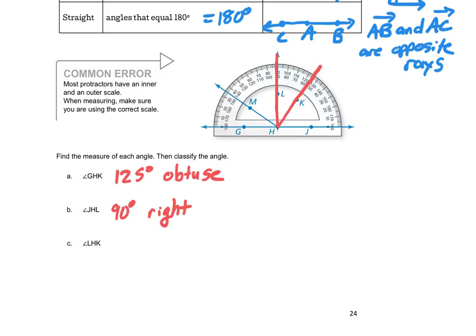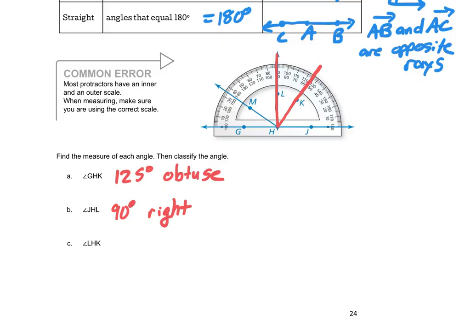We're trying to figure out how many degrees are between these two rays, basically. So we're looking for this angle right here. How far is it moving? How many degrees is it moving? So this goes from 90 down to 55. If I went from 90 to 55 or 55 to 90, whichever way you want to go, how far are we moving? 45.